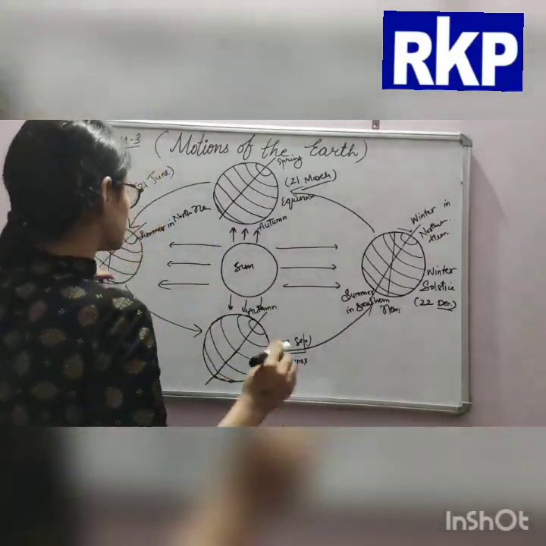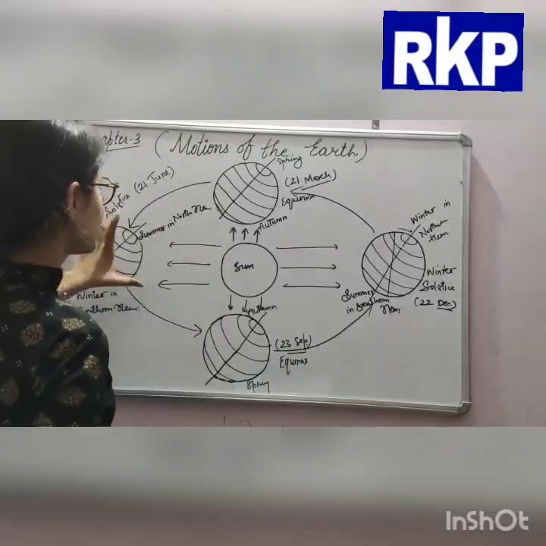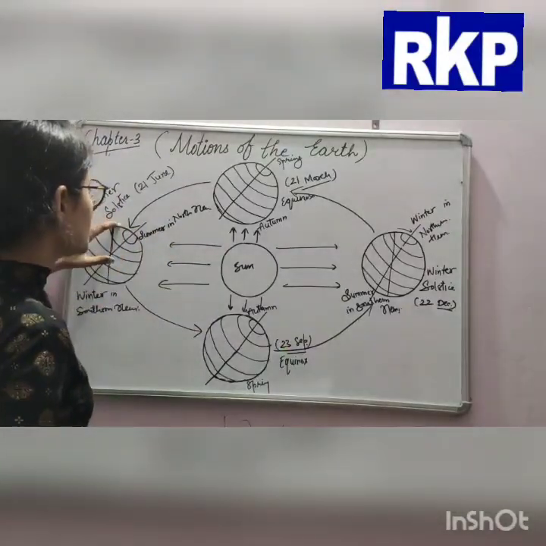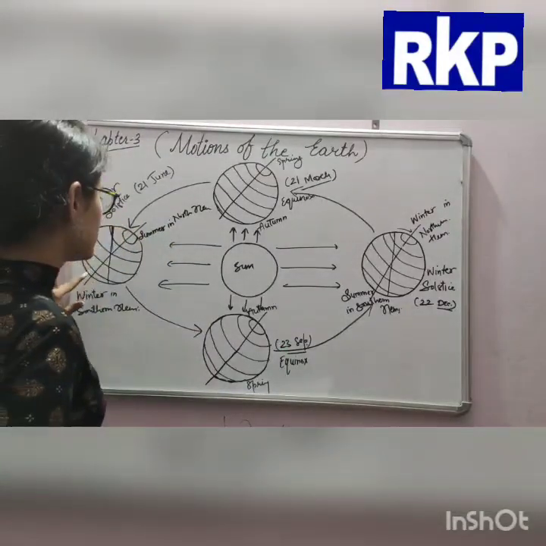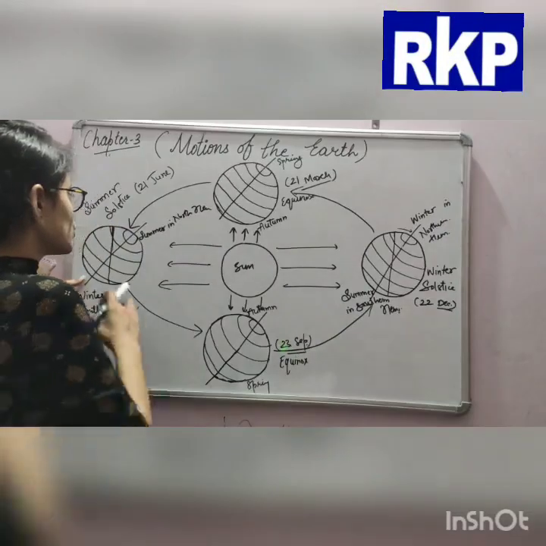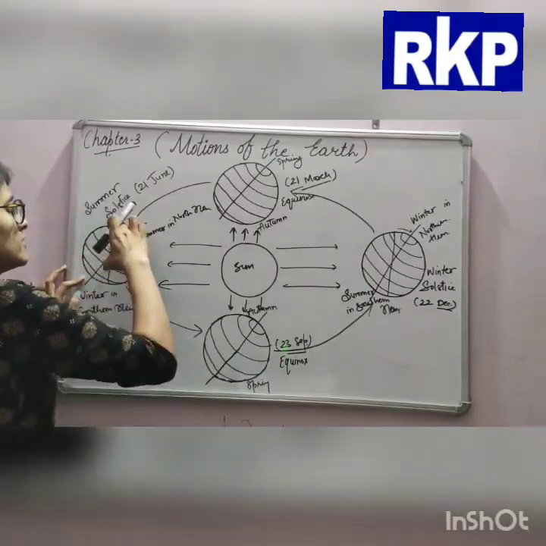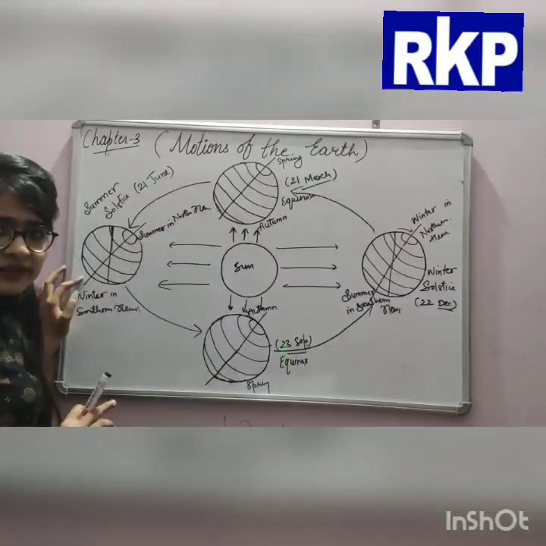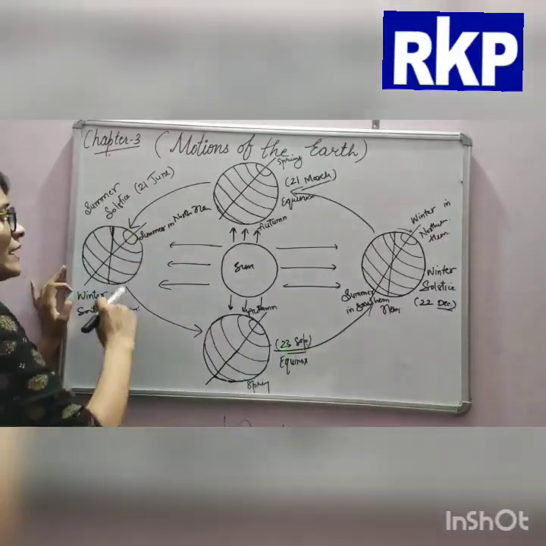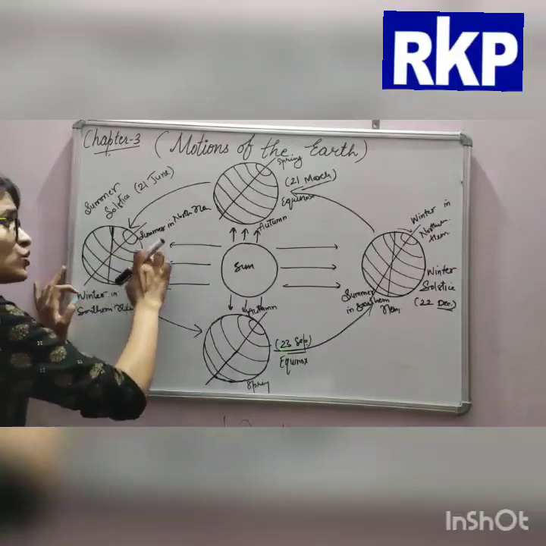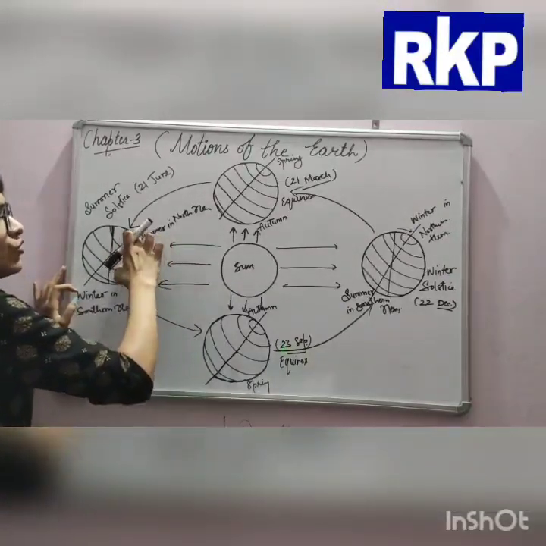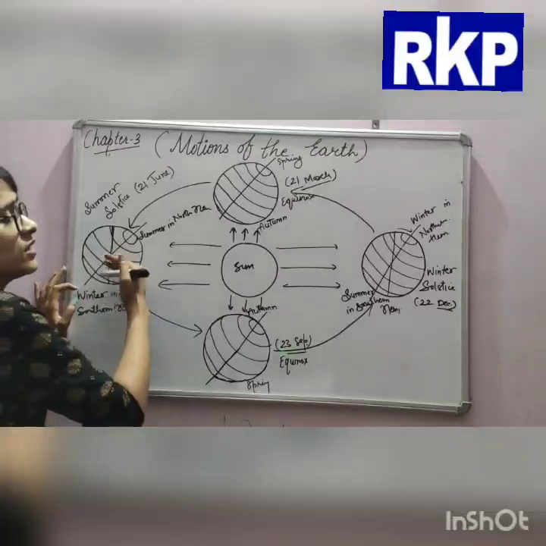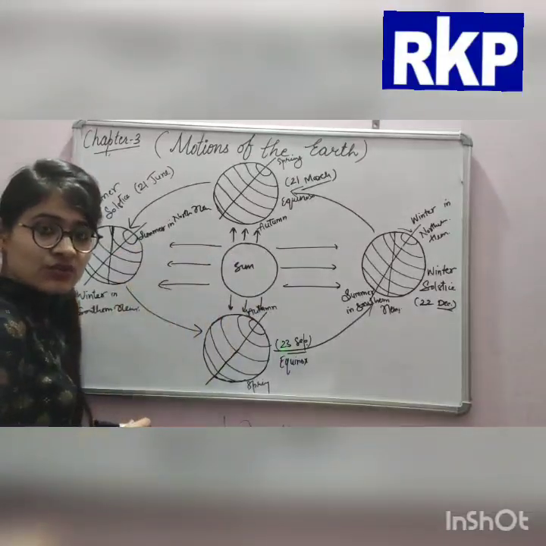So the Earth starts here. This is the north part and this is the south part. The north part is a little bit tilted. Our Earth is tilted at 23 degrees. So we can say that the maximum part of the north is receiving the direct rays of the sun.